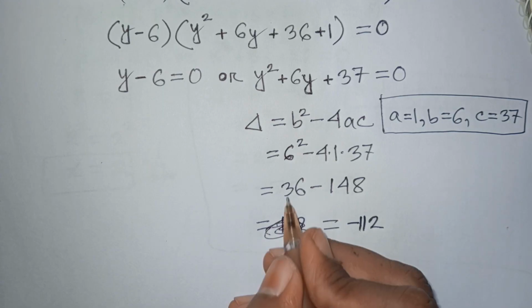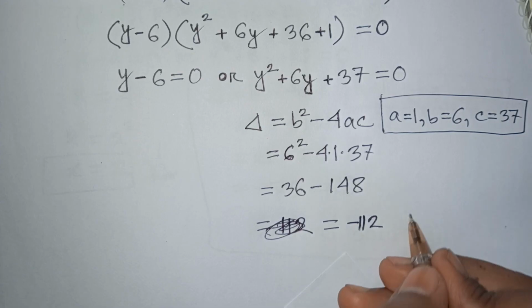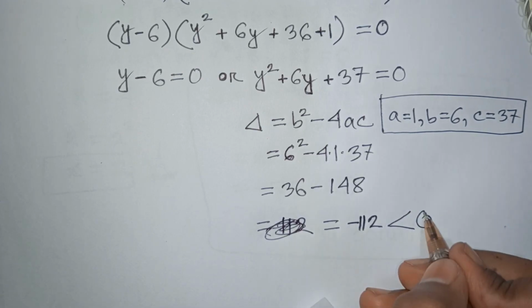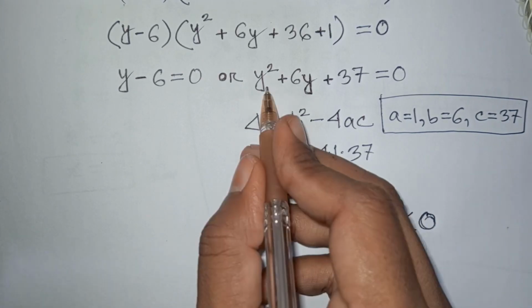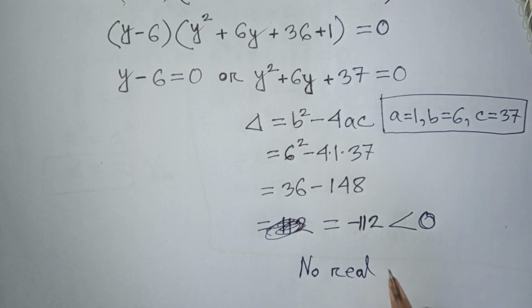I repeat that, 36 minus 148 will be minus 112. So minus 112 is less than 0. So this part has no real solution.